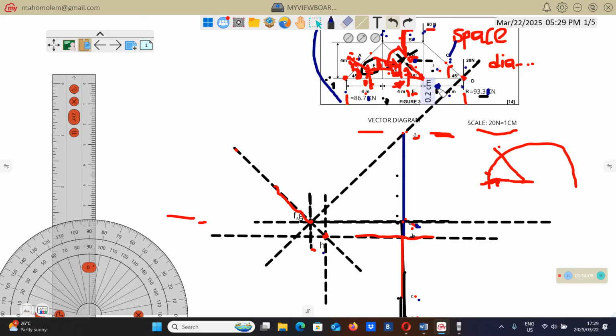Now from E to I, it's a horizontal line. So you'll go to E. This is point E, remember. You draw a horizontal line. The horizontal line is already there.